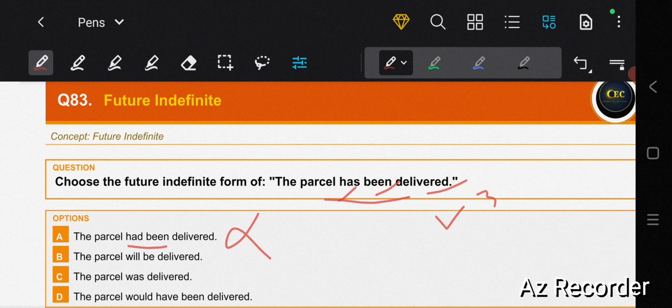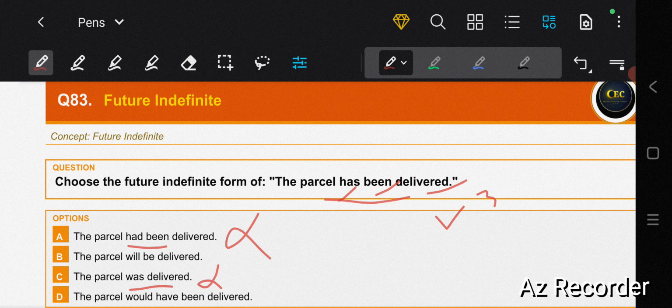The parcel will be delivered. Yes, this is a kind of future one, and we'll go for the next two options, whether they are wrong or not. Was delivered. This one is also a kind of past structure. So as per the instruction, this one is not the suitable one. And the parcel would have been delivered.